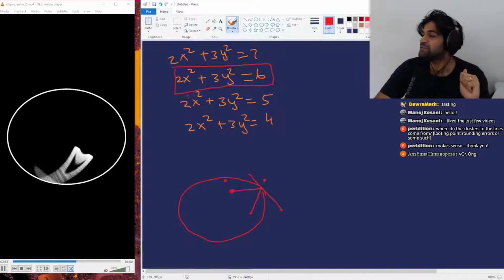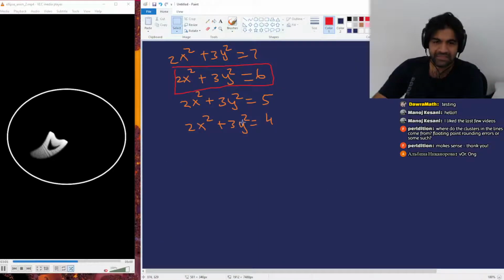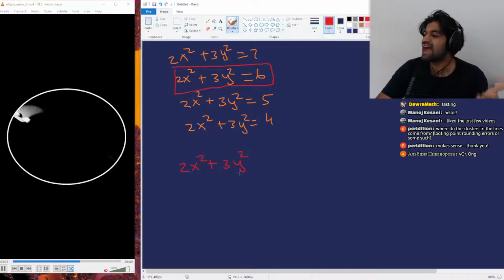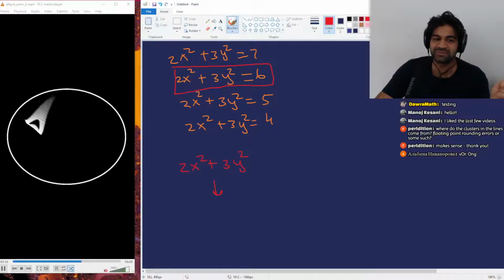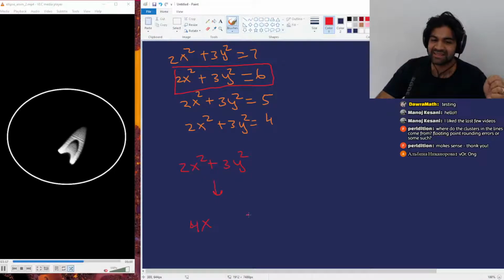If you compute what's called the gradient for this equation, so you have 2x squared plus 3y squared, you differentiate it with respect to x, and you differentiate it with respect to y. If you differentiate this equation with respect to x, you'll get 4x. And if you differentiate it with respect to y, you'll get 6y.